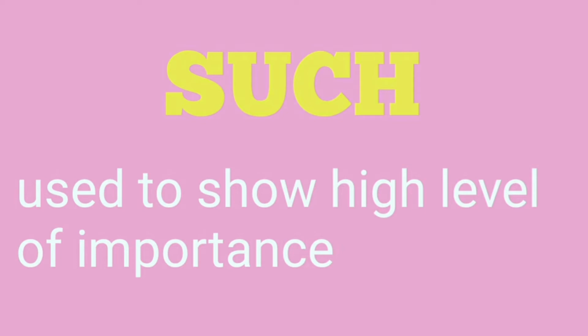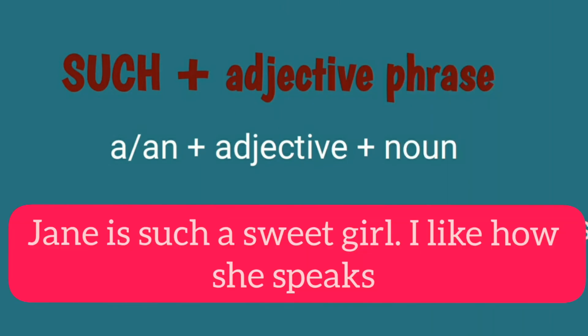On the other hand, if you're going to use such, this one is used to show a high level of importance. English teachers usually display the pattern for so and such for the students to understand easily. We follow this pattern: such plus article a or an, plus the adjective, plus the noun.